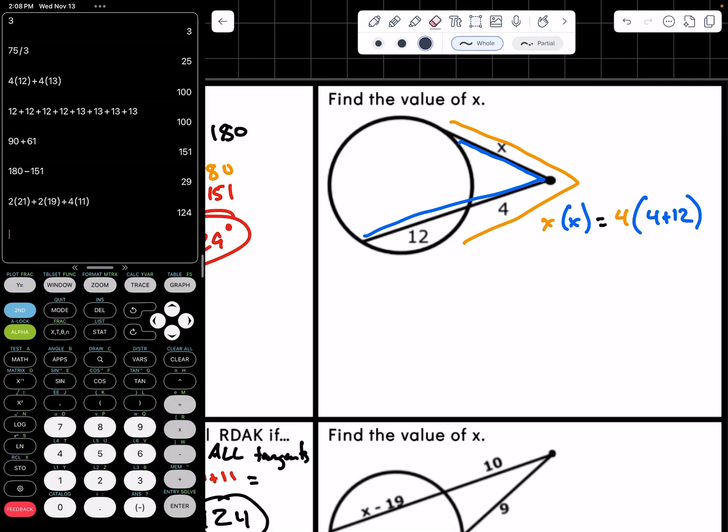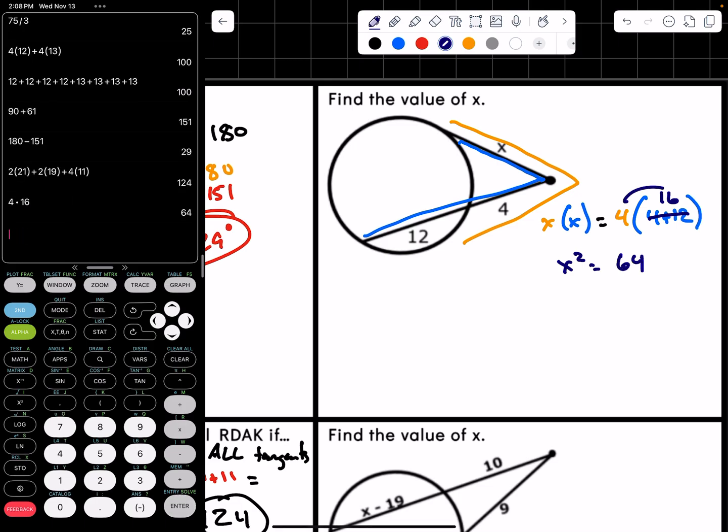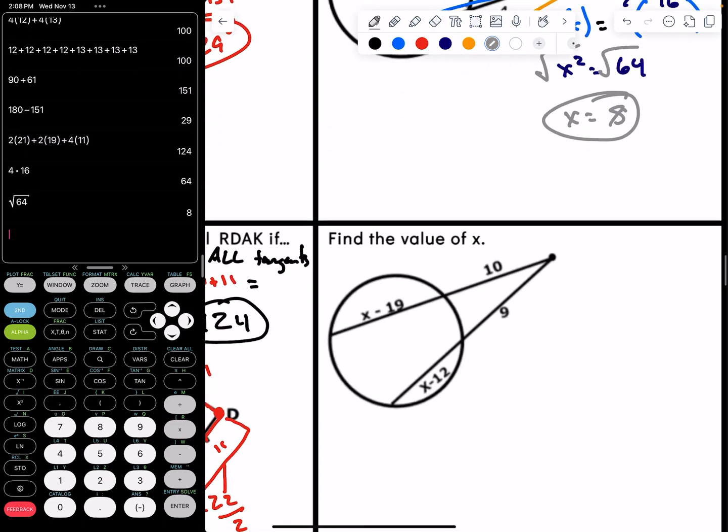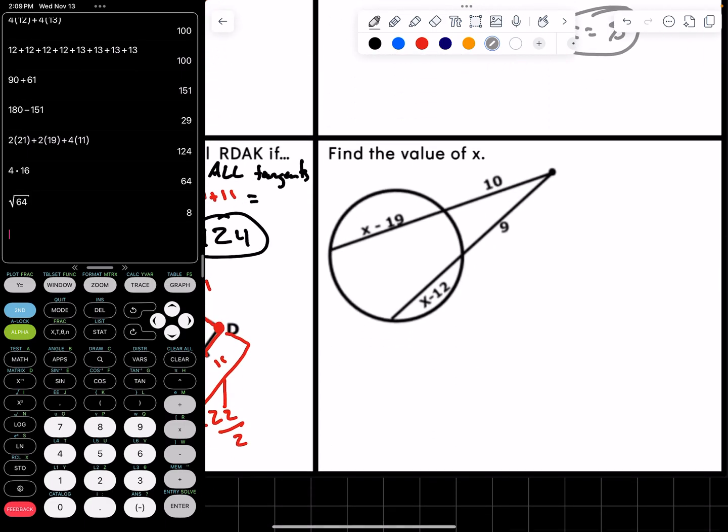Working this down, I know that my x's are going to combine to be x squared. 4 plus 12 is 16, so I'm going to take care of this. That way I can just multiply 4 times 16 to get 64. Take the square root of both of these. X equals the square root of 64. X equals 8.